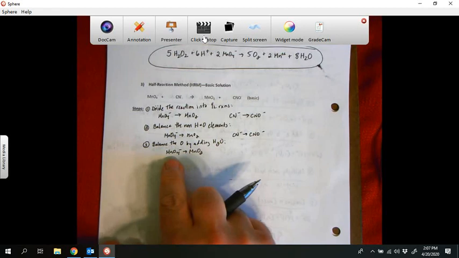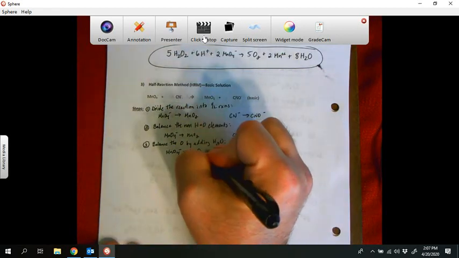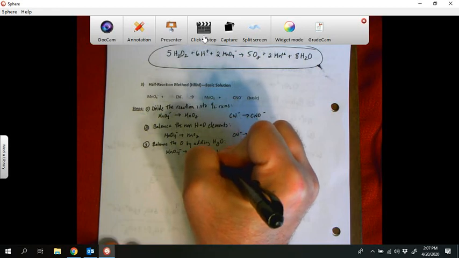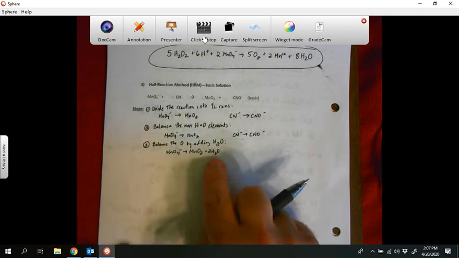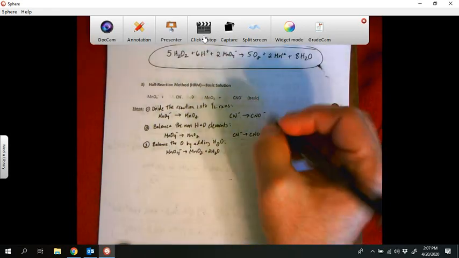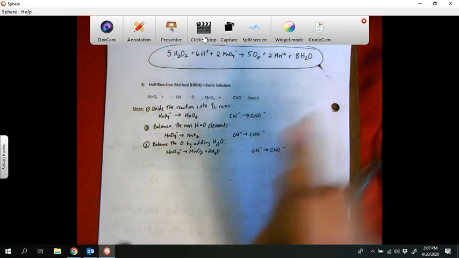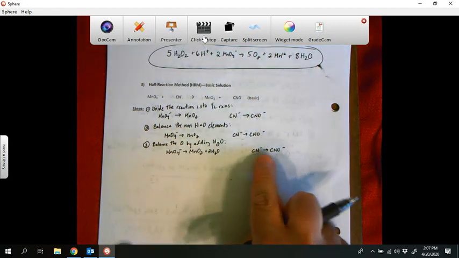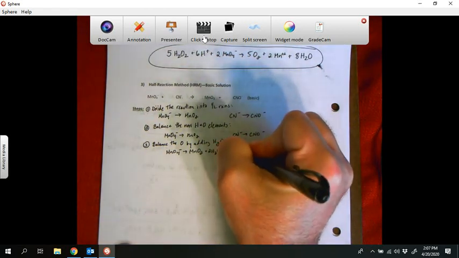We have 4 oxygens on this side, we have 2 on this side, so we have to balance our oxygens by adding water. We'd add 2 waters to the right side. For the CN minus to CNO minus, we have no oxygens on this side, but we have 1 on this side, so I'm going to add a water to the reactant side.